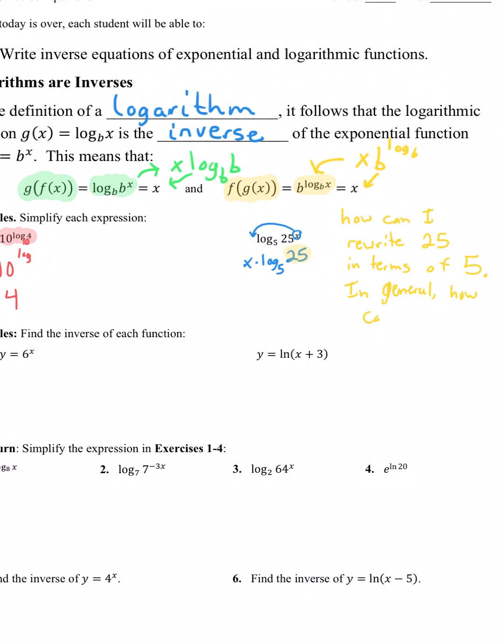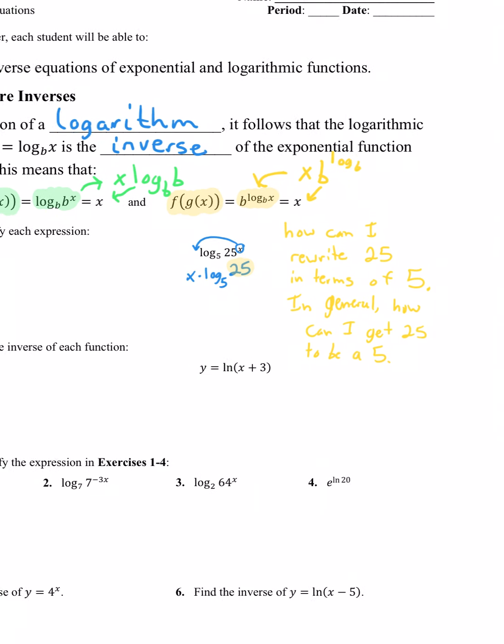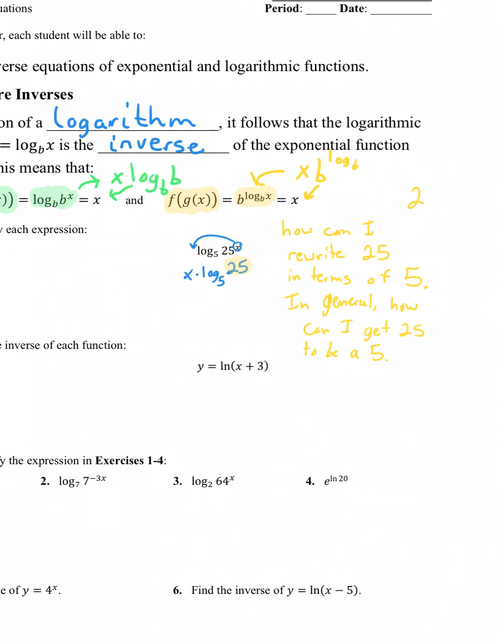How can I get 25 to be a 5? That's another way to put it. What I mean by that is you can think about 25 as the same as 5 squared.